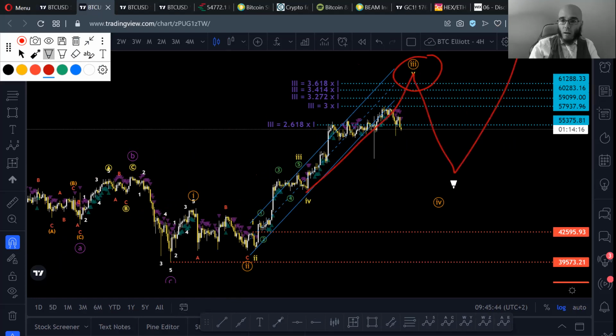Then we would get a 4th wave correction and the wave 5 up. Now we're still in the process of accomplishing wave 5 of 3.